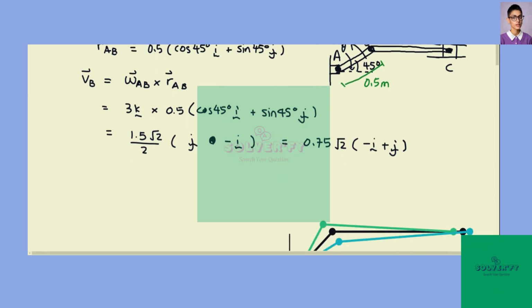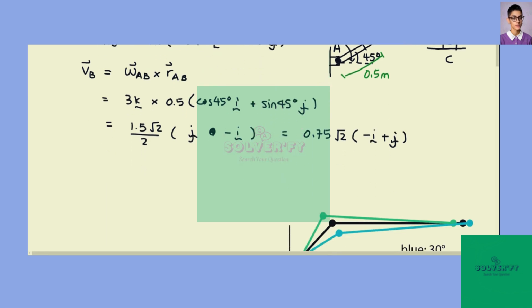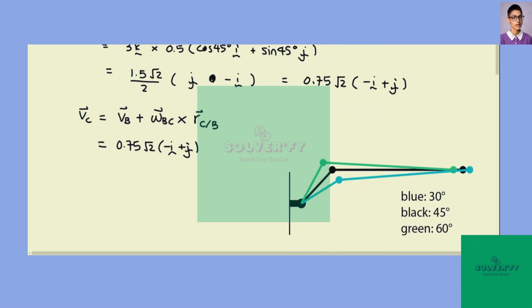Then we can use the relative velocity equation. VC equals VB plus omega BC cross r, the position of C relative to point B. VB is 0.75 root 2 times (minus i plus j).